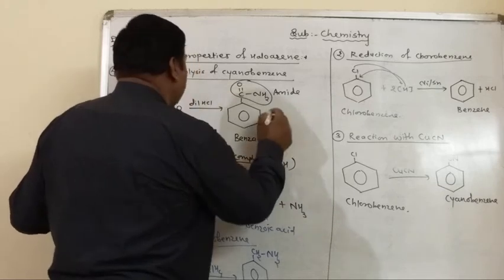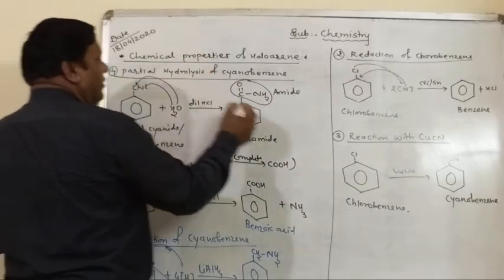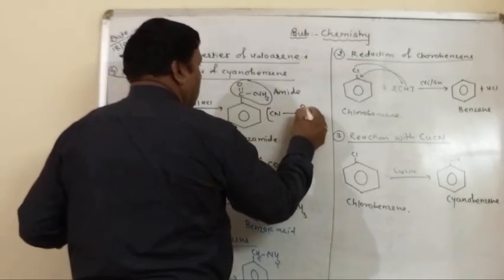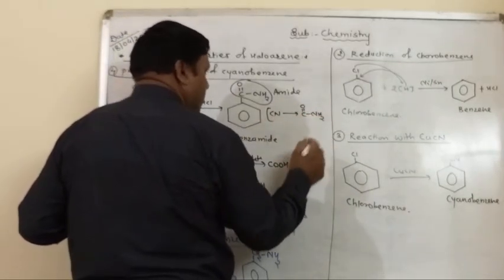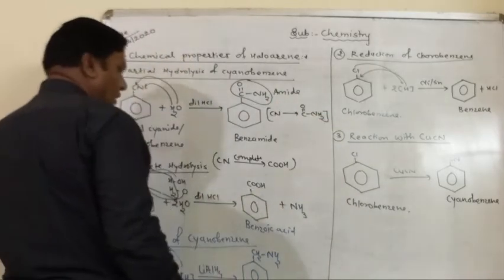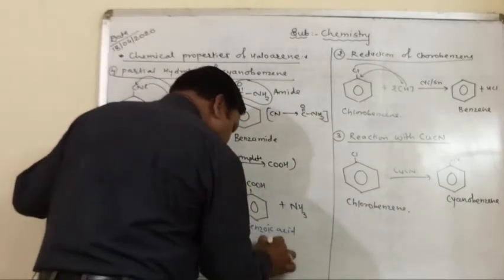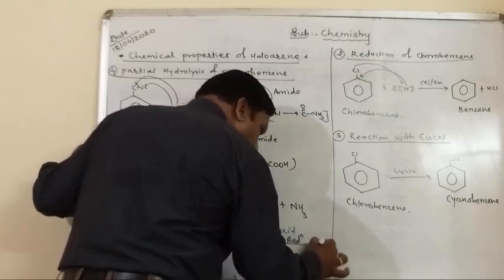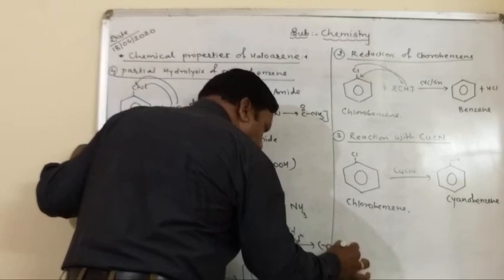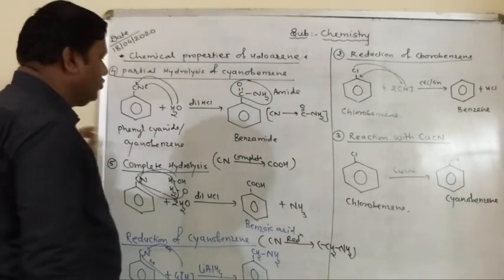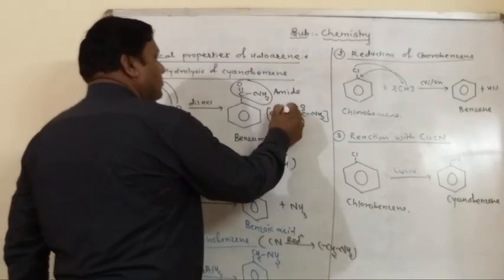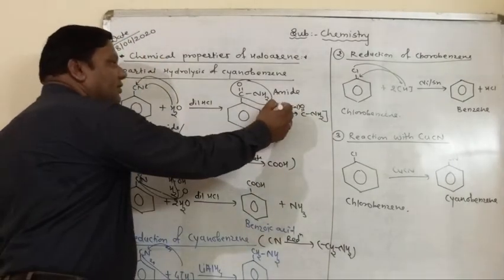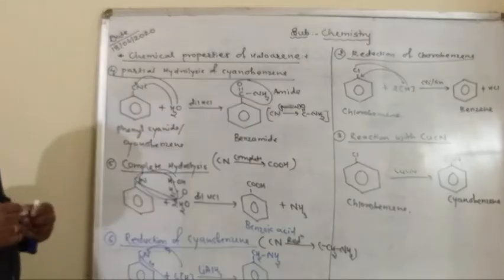Here in partial hydrolysis, CN is converted to CONH2, and in the reduction case, CN is converted to CH2NH2. So this is complete hydrolysis, this is partial hydrolysis. Any difficulty? It is very simple.